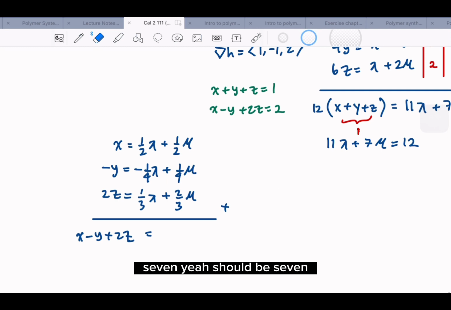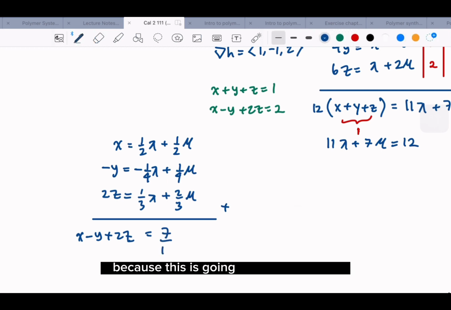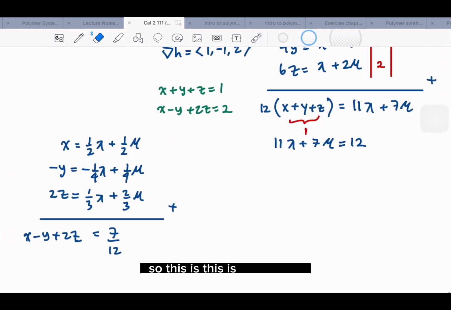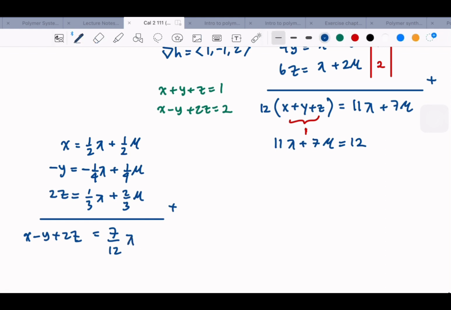Yeah, it should be 7, because this is going to be very similar to the other part. So this is for lambda, and this is for mu.